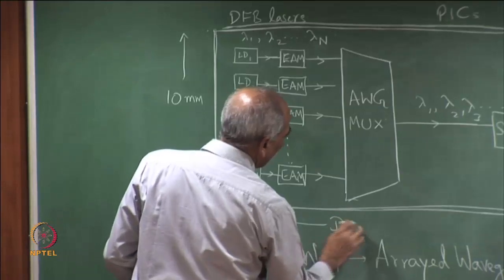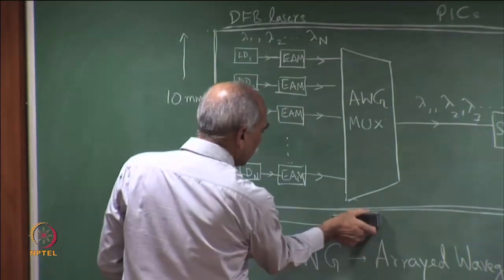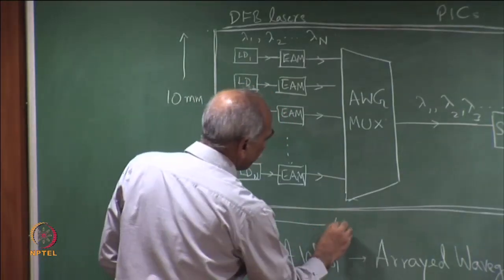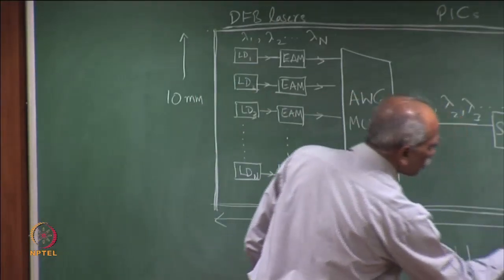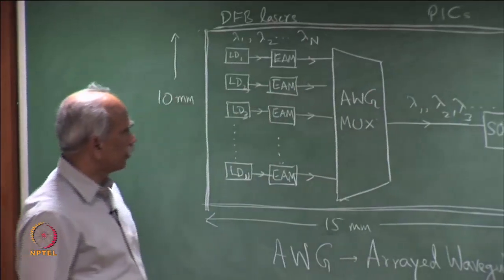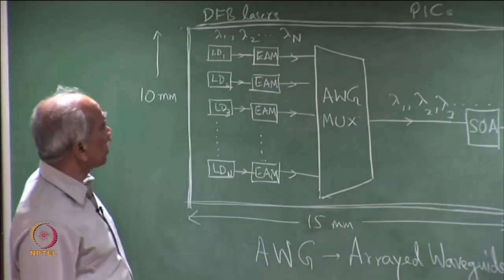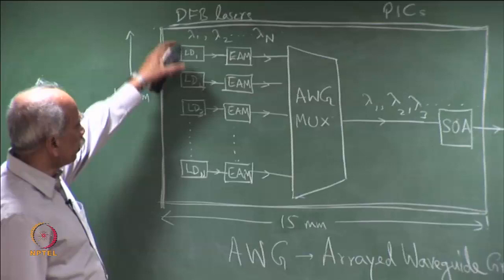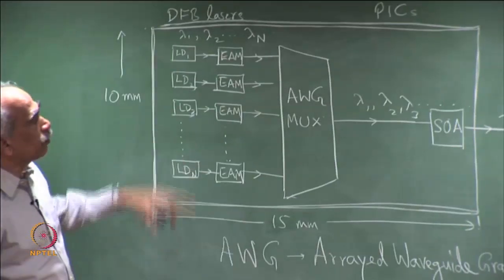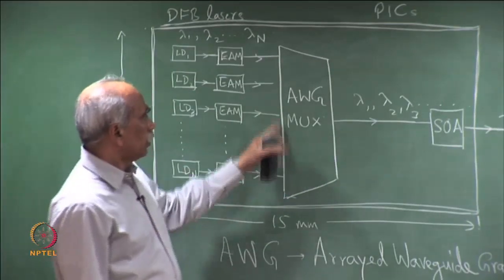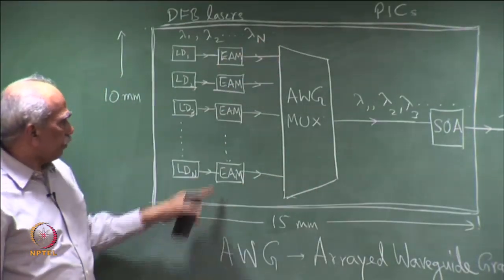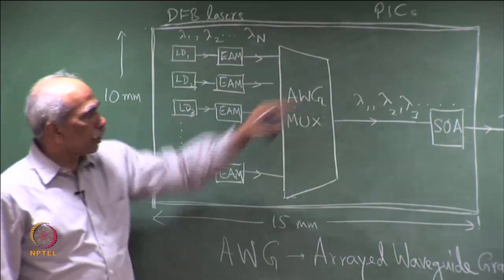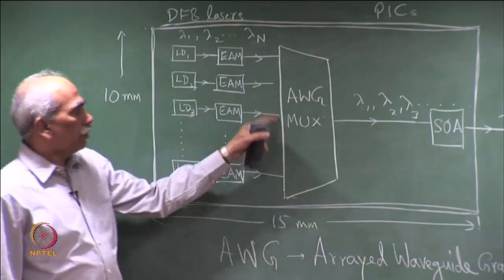So, 10 mm by 10 mm or 15 mm, that is the kind of dimensions that we are talking of for a PIC. So, this is a PIC transmitter, this is a WDM transmitter, this could be a DWDM transmitter and a multiplexer. So, we have laser diode, the first device there, EAM electro absorption modulators, and of course, multiplexers.